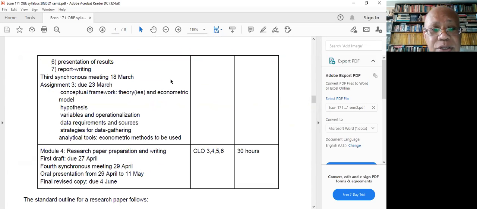Then you have your variables and operationalization, data requirements and sources, strategies for data gathering. Analytical tools would be the econometric methods to be used. These are all taken care of in that section on methodology. Okay, where in the methodology, when you present your econometric model, that's where you present the variables and how they were operationalized.